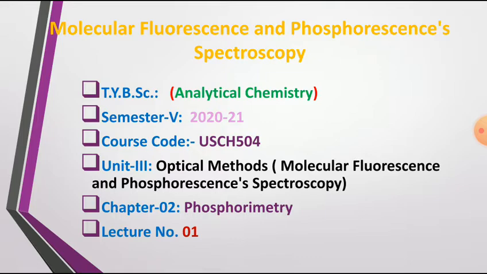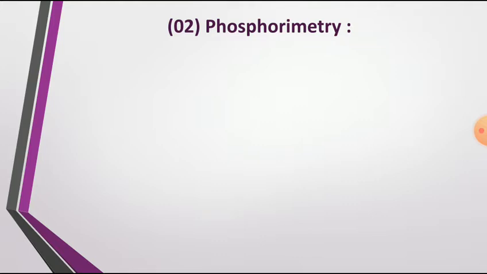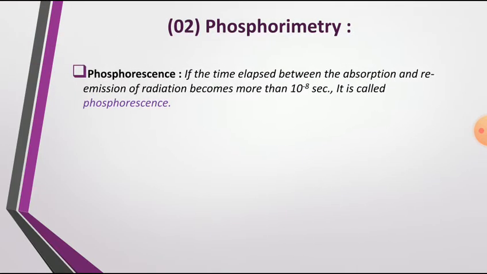Okay, so first of all we will see the definition of phosphorescence. Phosphorimetry is the second subtopic. If the time elapsed between the absorption and re-emission of radiation becomes more than 10 raised to minus 8 seconds, it is called phosphorescence.